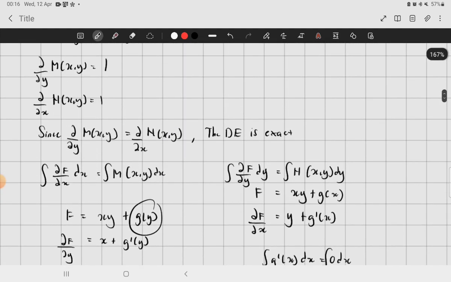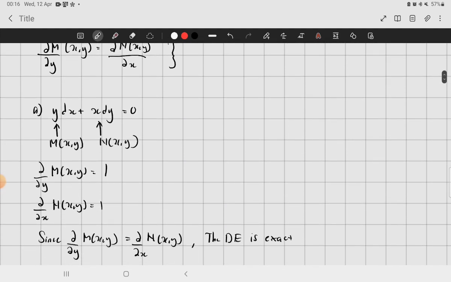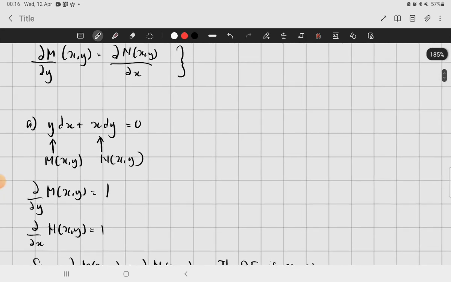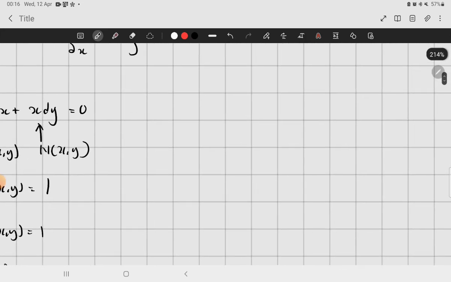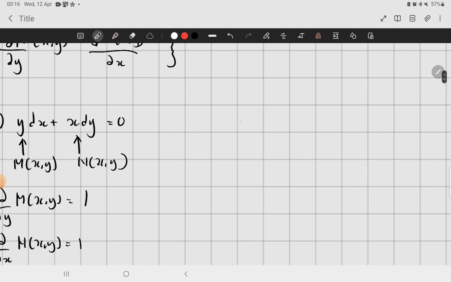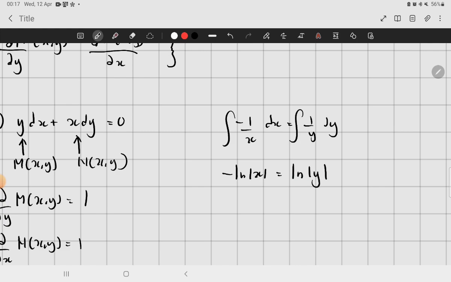So yeah, it's very easy, and you could solve this as well using separation of variables. Let me try that just a bit. So I could separate this to become negative 1 over x dx is equal to 1 over y dy. You integrate both sides, you have negative ln the absolute value of x is equal to ln absolute value of y.